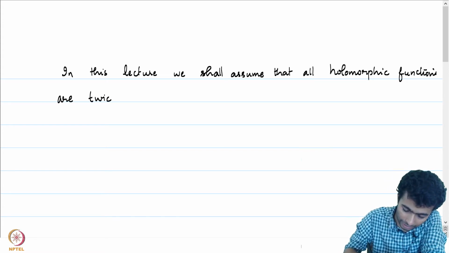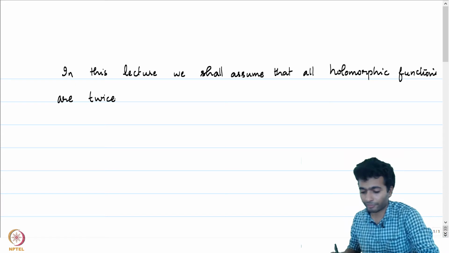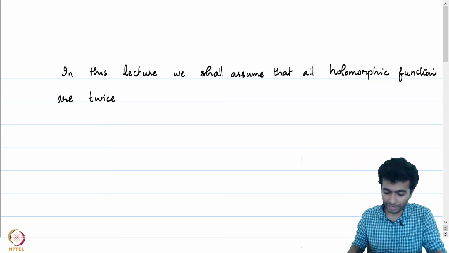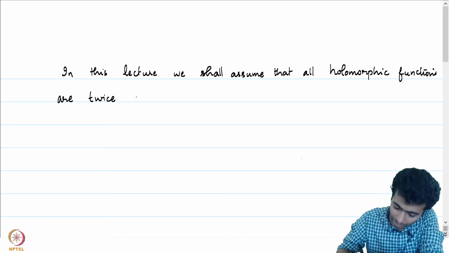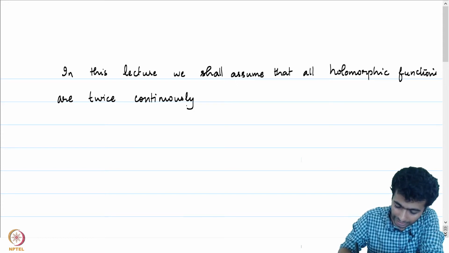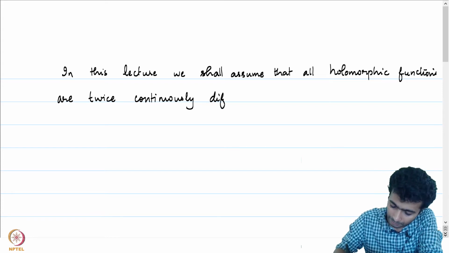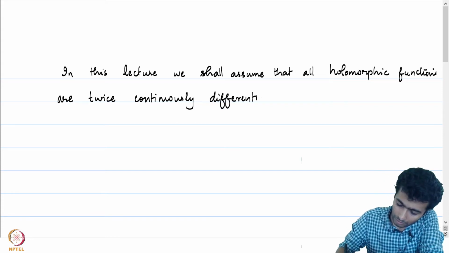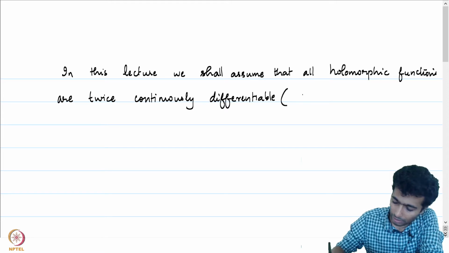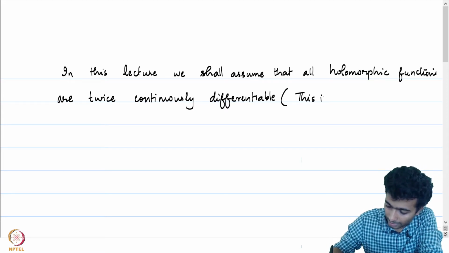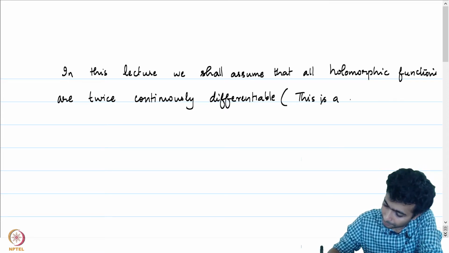I say that it is redundant because holomorphic functions will always satisfy this criterion. We will prove that later, but since we have not proved it yet, let me just put this extra condition.